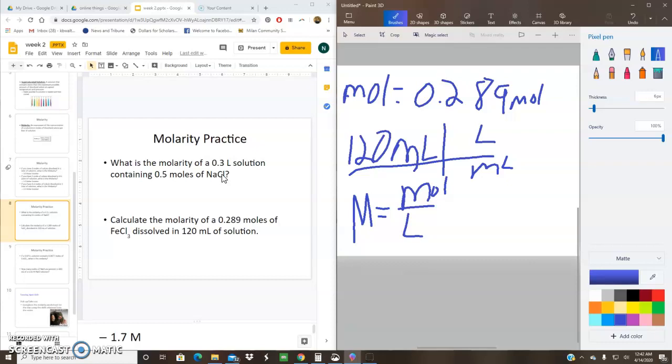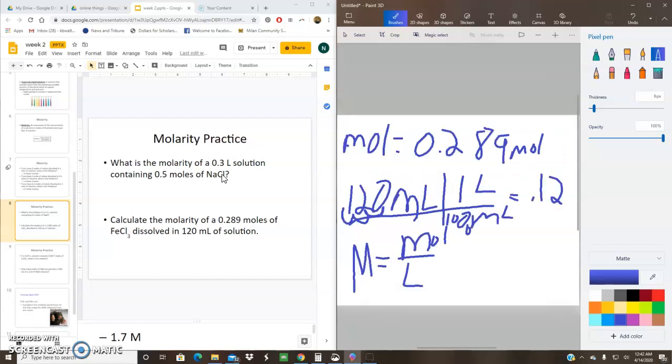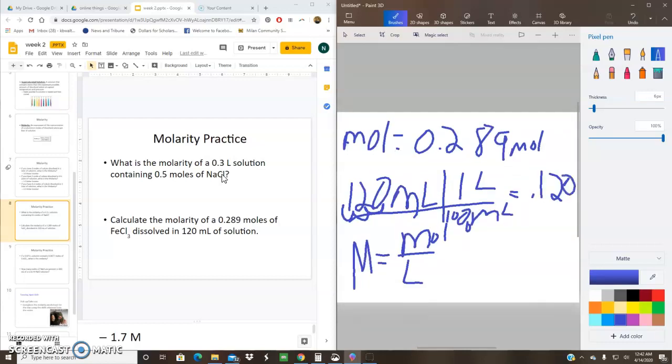It should be 1,000. So for every 1 liter, there's 1,000 milliliters. So dividing by 1,000, we're just going to move the decimal place over, giving us 0.120 liters.